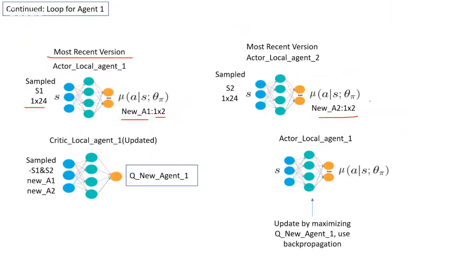Okay, I got this as well. Then I take sampled S1 and S2 and new A1 and A2, stack them together, make a flat array, and input it to the critic local agent, the updated version.